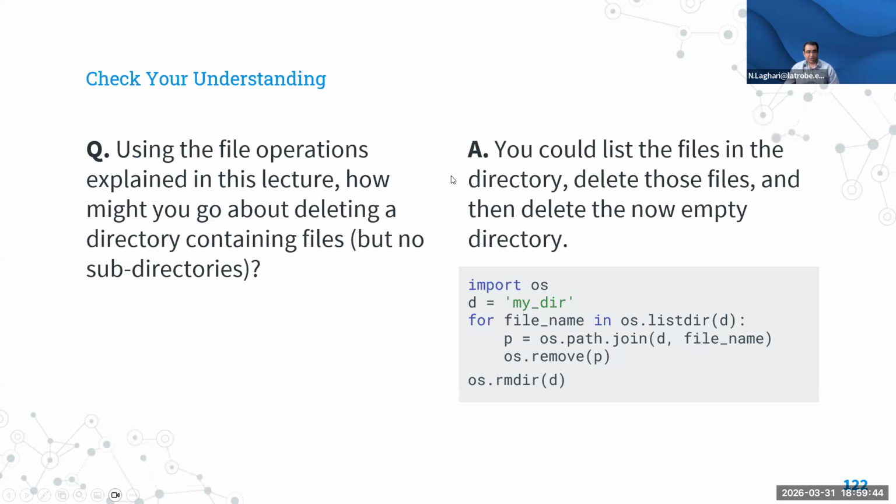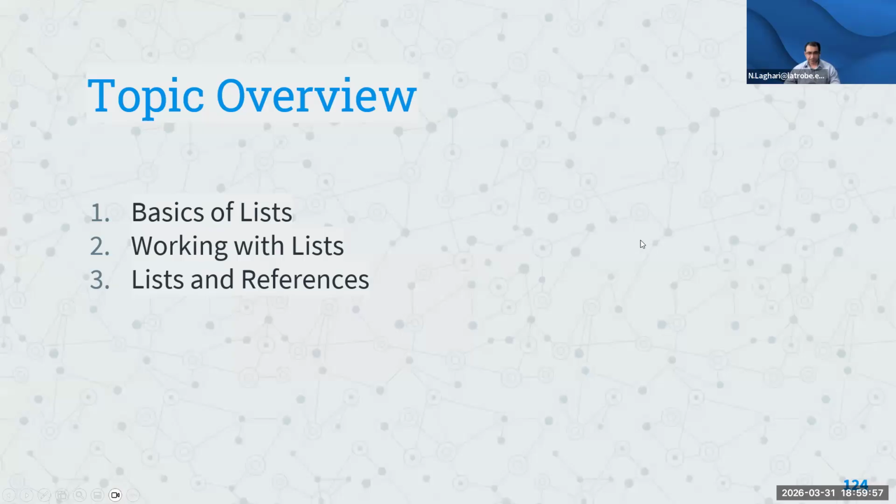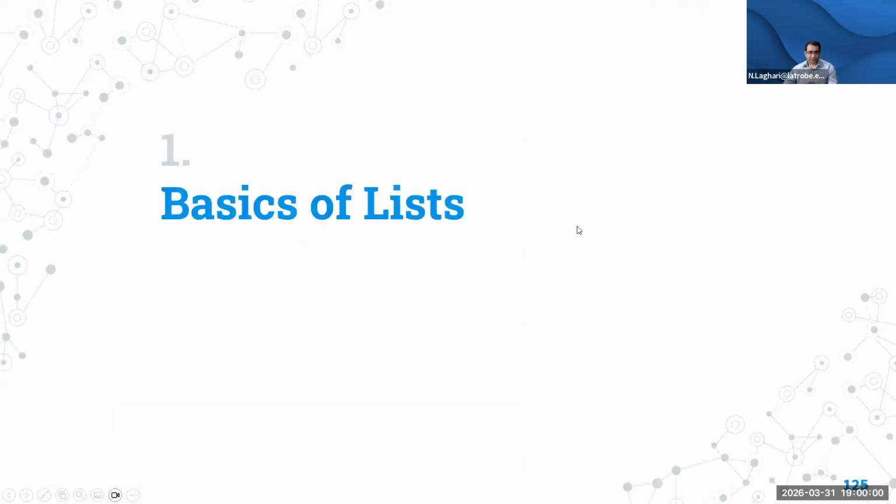Okay, so that was mainly about the filings. Now, another main topic is lists. So far, to some extent, we are familiar with lists, but now we will be covering them in more detail. So, basics of lists.